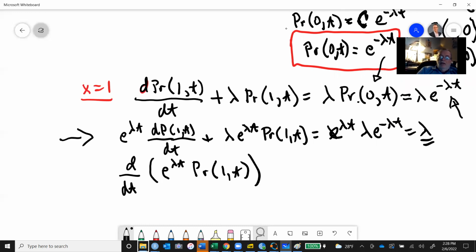That's what this whole expression gives us. And of course, e to the lambda t times e to the minus lambda t is 1. And we got lambda.